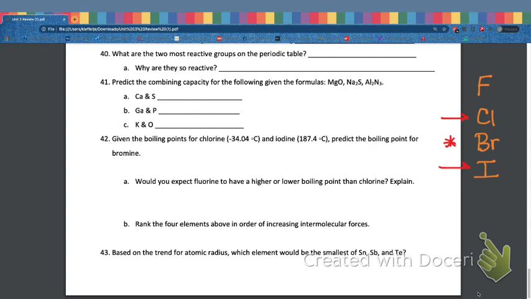Okay? So we're going to take, I'm going to add those two together and we get 153.4 degrees Celsius, and then we're going to divide that by 2. So we get 76.68.